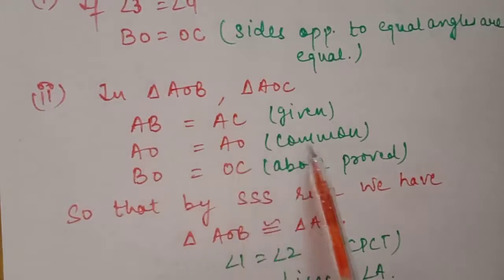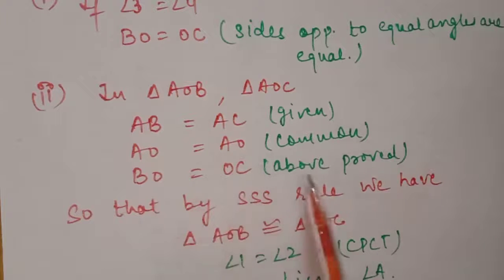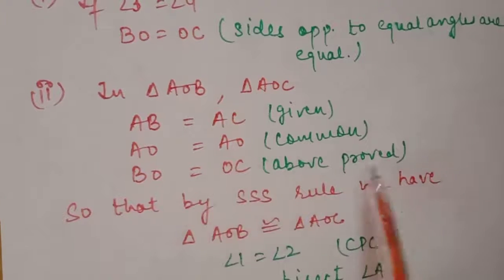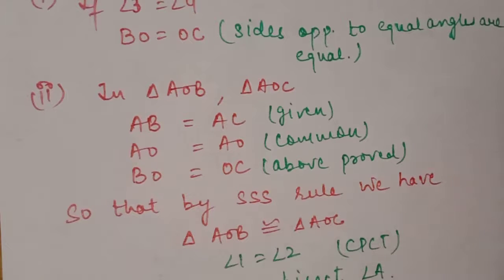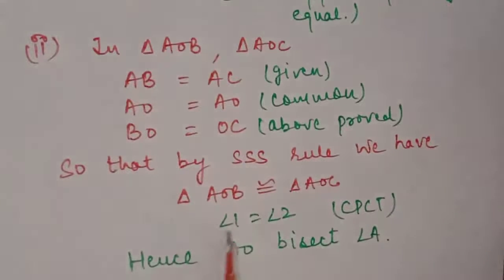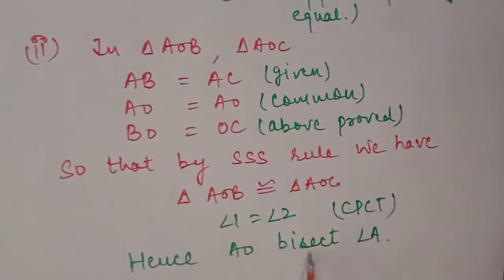AO is equal to AO, it is common, and BO is equal to OC, proved above. So by the SSS congruence rule both the triangles are congruent. So definitely angle 1 and angle 2 are equal to each other by CPCT, corresponding parts of congruent triangles, hence AO bisects angle A. So this question is proved with this theorem.